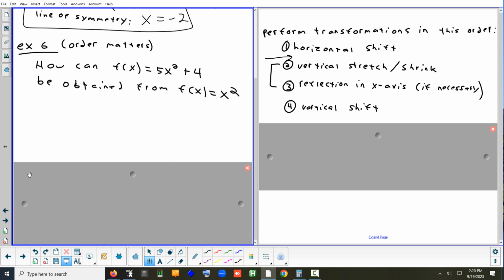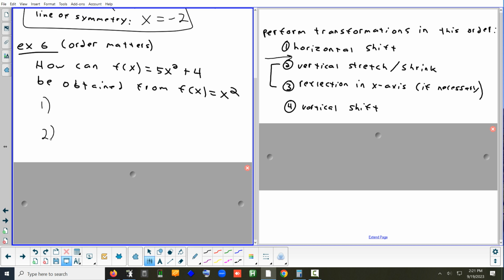First step: how many transformations do you think it's going to take to get from x squared to 5x squared plus 4? 2. Yep, it's going to take 2. Let's go through our list and see which ones we have.